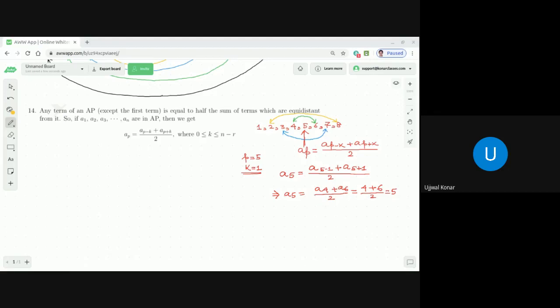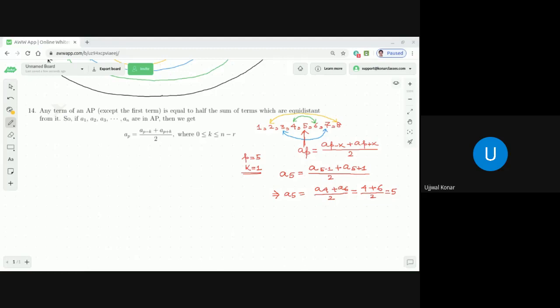The next point we are going to discuss is that if there are two APs, suppose A1, A2, A3, and so on is one AP, and B1, B2, B3, and so on is another AP, then we can conclude a few things.